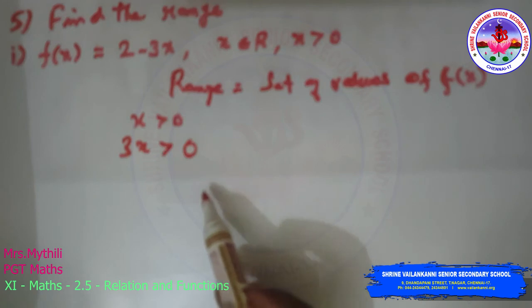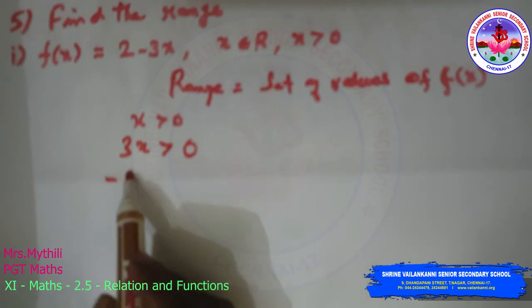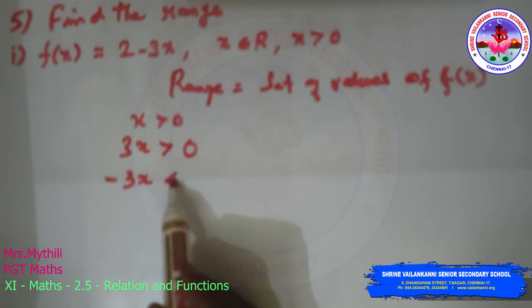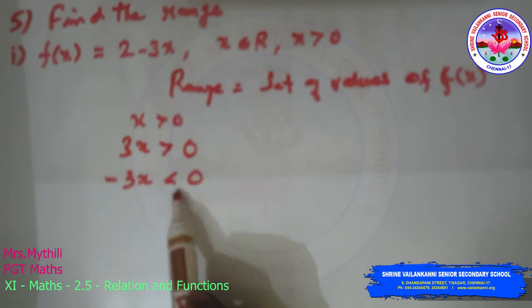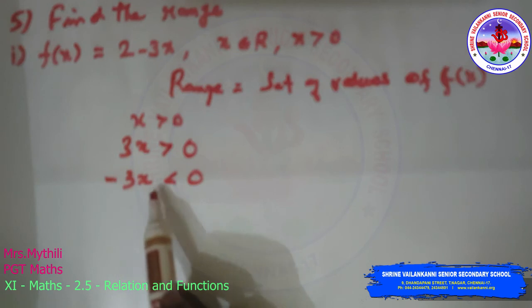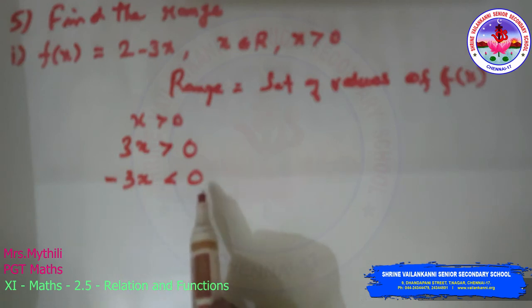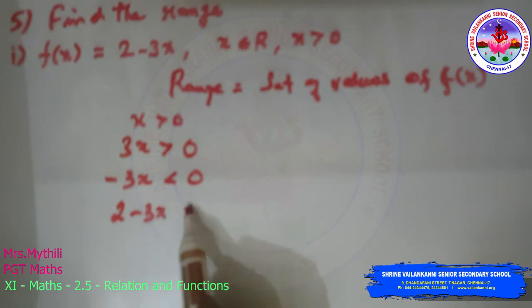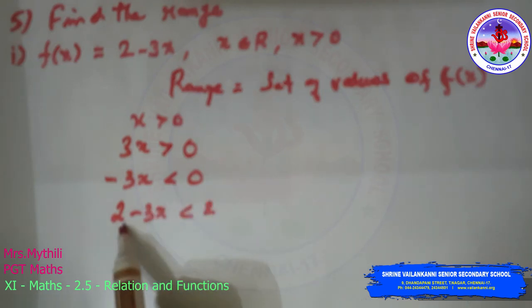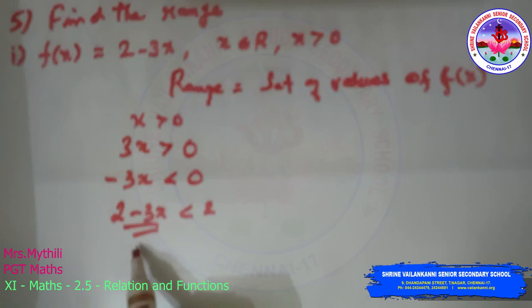Now we are going to change the sign on both the sides. So minus 3x less than 0. If you change any sign, then the inequality will change. Now I'm going to add 2 on both the sides. So 2 minus 3x less than 2. What is 2 minus 3x? Which is nothing but f of x. So f of x is less than 2.